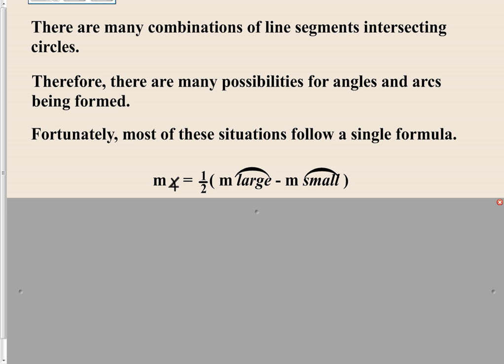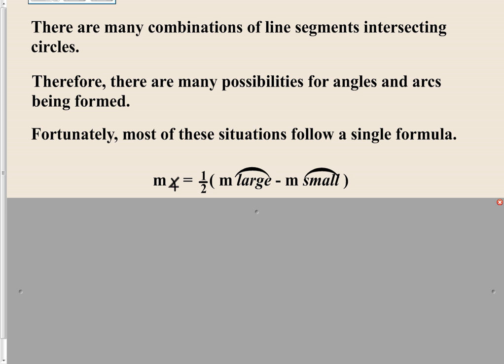One other thing to point out inside of that formula, of course, you see the two different arcs in there. One of them proclaims itself to be a large arc, and one of them is a small arc. That is basically because of the nature of these two lines coming from a common endpoint.